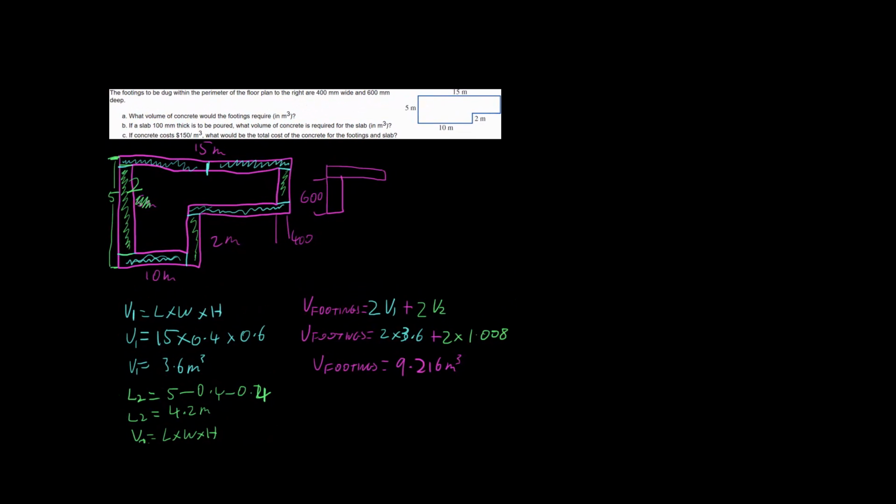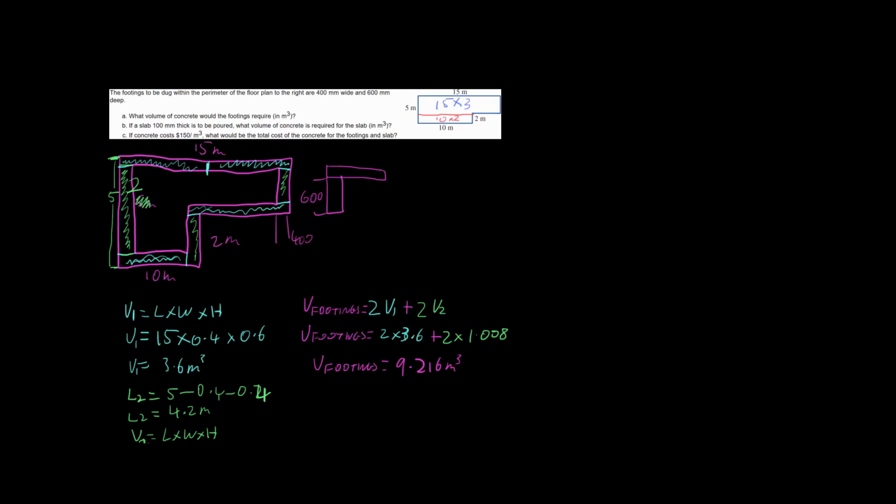So now let's have a look at the slab itself. With our slab, we want to fill this entire area up, cover it with a slab 100 millimeters thick. So I'm actually going to look at splitting this up this way, because that gives us this section down here, which is 10 by 2 meters, and then it's going to give us this upper section here, which is going to be 15 meters by 3.